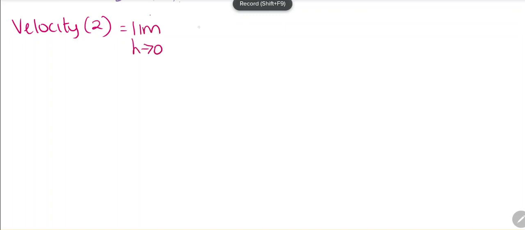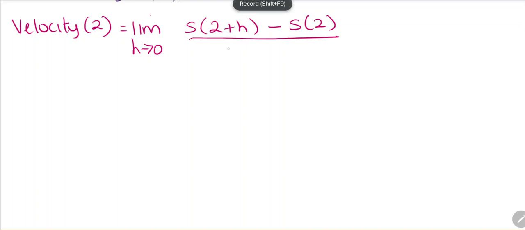And this time we'll use s, and a is 2, so it's going to be s of 2 plus h minus s of 2, over 2 plus h minus 2. So we know with this, the 2s will cancel, so we're just going to be left with h.